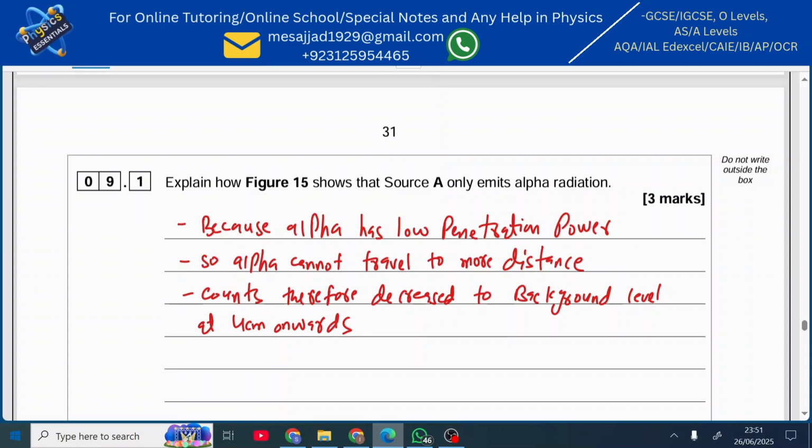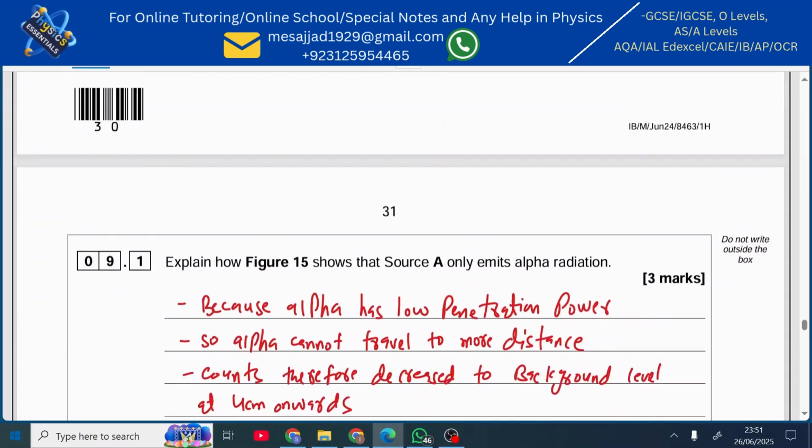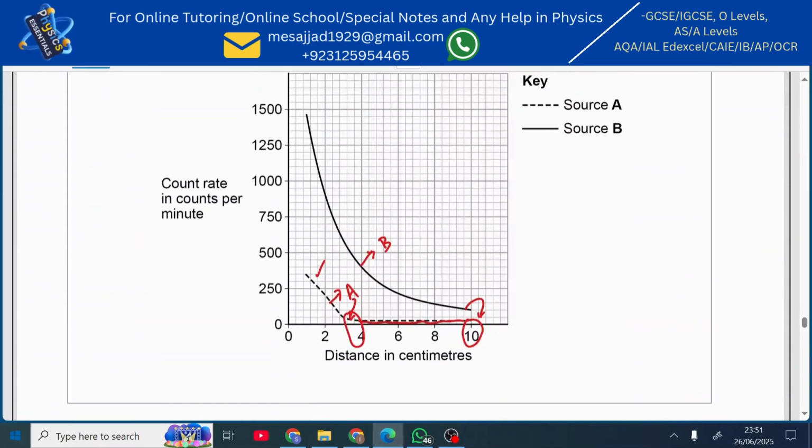Therefore, they cannot travel to more distance, and hence the counts which are coming to the detector are decreased to background level at 4 centimeter and onwards, because they are not exactly zero, because some radiation is always present in the background because of the space, because of the sun, because of the natural radiation coming out from the earth core, etc. Okay, it cannot be zero anywhere.